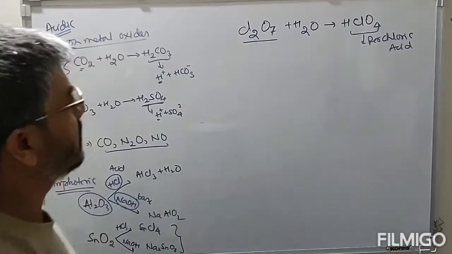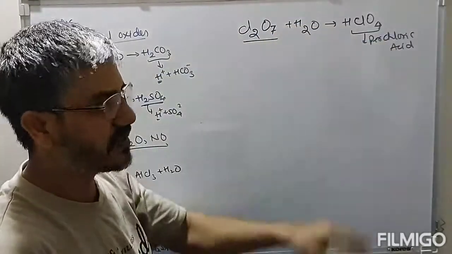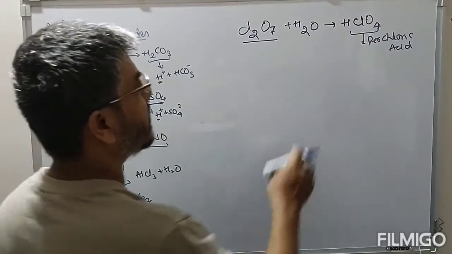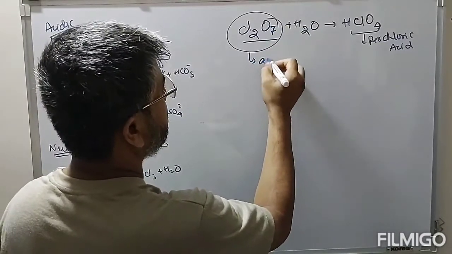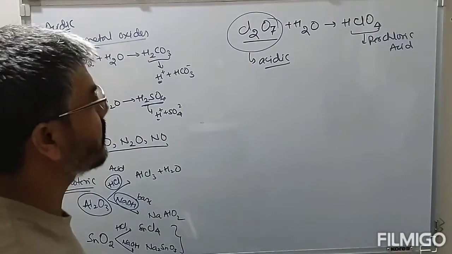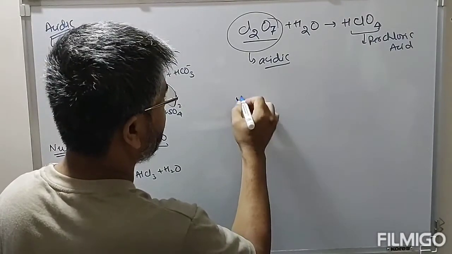So Cl2O7 when dissolved in water gives you perchloric acid, which is one of the strongest inorganic acids. So this being an acid, this Cl2O7 is also known as acidic oxide.